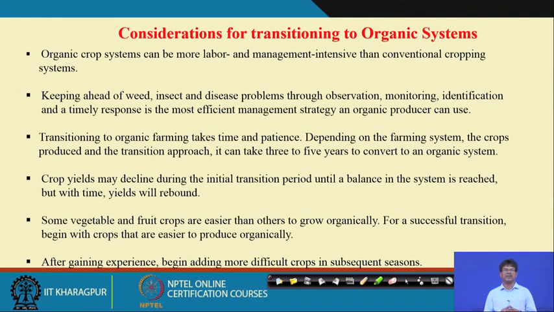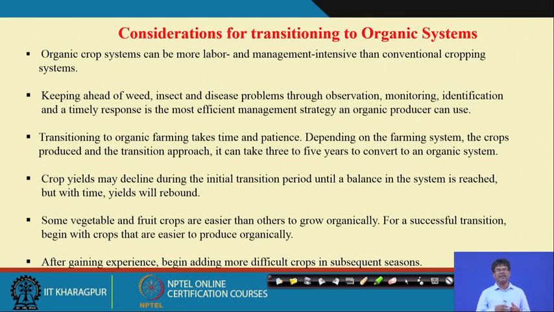In case there are populations of many pests and diseases, then you have to go for level C botanical pesticides, the extracts from many of the plants as discussed, that can be used at regular intervals to keep the crop free from many pests and diseases. Then transition to organic farming takes time and patience, of course, depending on the farming system, the crops produced, and the transition approach.